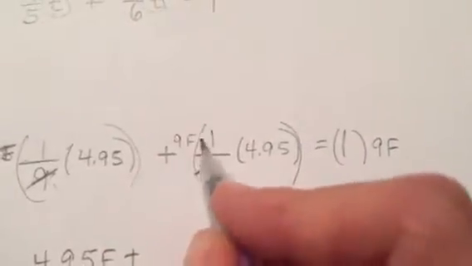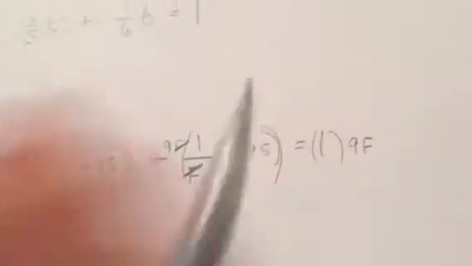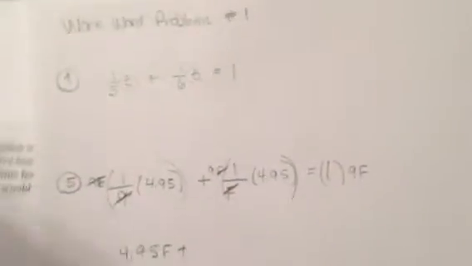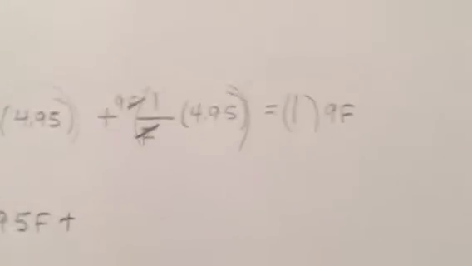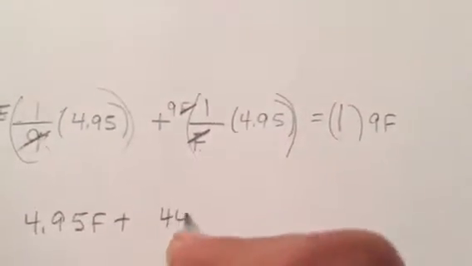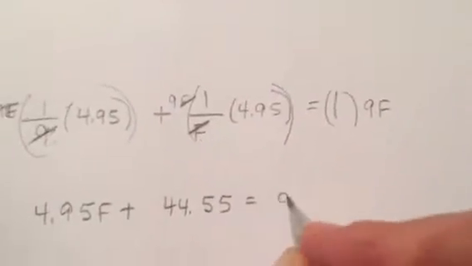Here my F's cancel, so I've got 9 times 1 times 4.95. Stick that in your calculator. What do you get? I think it's 44.55, and 1 times 9F is 9F.